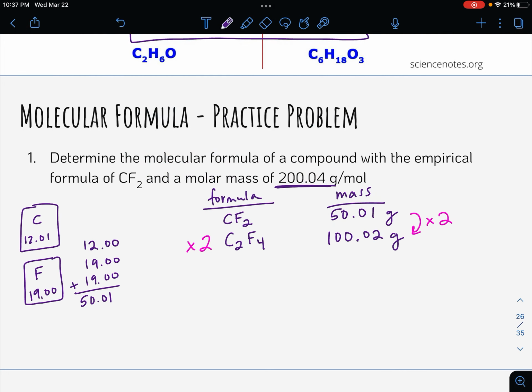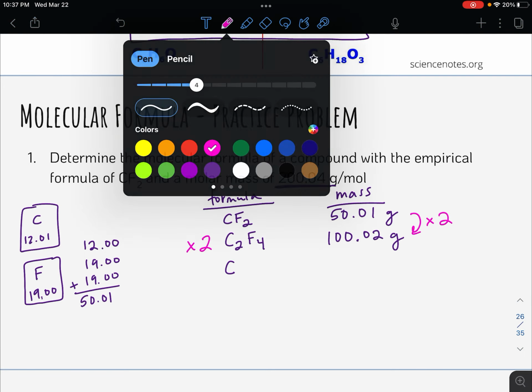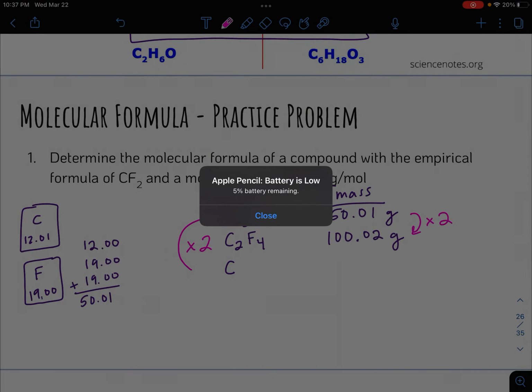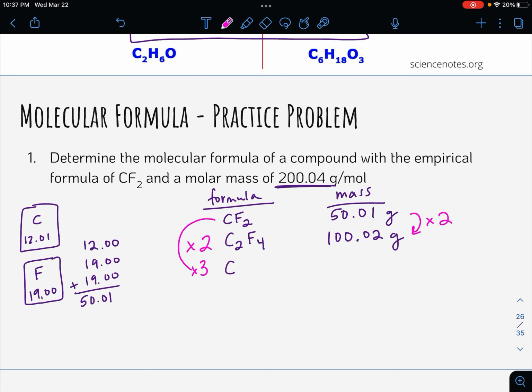So let's keep going. I'm not quite at 200 yet, I'm only at 100. So let's add 1 more of our empirical formulas. We take this and multiply by 3. So now instead of 1 carbon, I have 3 carbons, and I have 6 fluorines. If I add everything up and find my mass for this compound, I get 150.03.